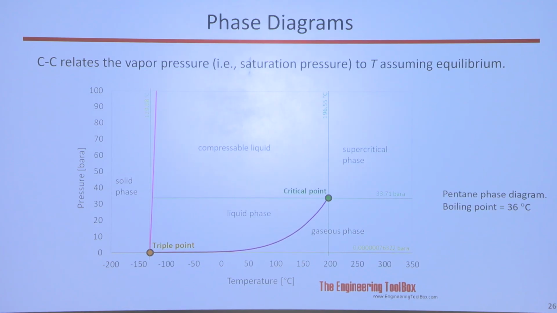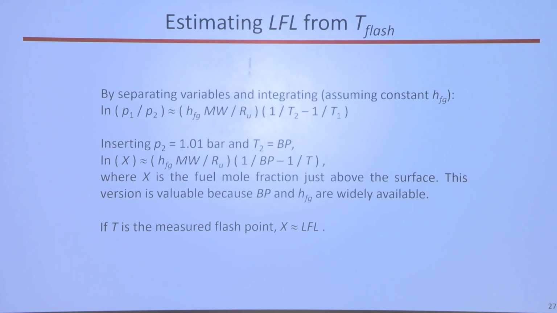For any temperature, for example, if you look at the x-axis at 100 degrees C, you can read up and find that the partial pressure of pentane will be about 10 bars absolute. So that blue curve is the partial pressure of a liquid in saturated conditions in steady state. And the beautiful thing about the Clausius-Clapeyron equation is that it is an equation of that blue curve. It's an exact equation. So we can estimate the lean flammability limit from the flash point as follows.